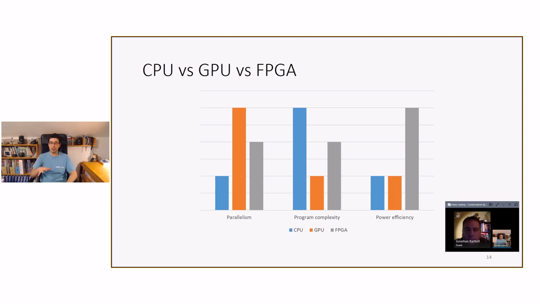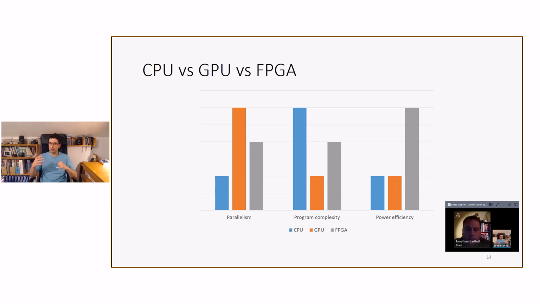Well, let's talk about parallelism first, the chart on the left. So how many things can these devices compute in parallel? Now, CPUs in blue are kind of on the lower end here, because a desktop CPU has 4, 8, maybe 12 cores, possibly twice as many logical cores, and a server CPU can have 32, 64 cores, but that's about it. Now a GPU, on the other hand, in orange, is on the other end of the scale here, because GPUs are highly parallel devices.